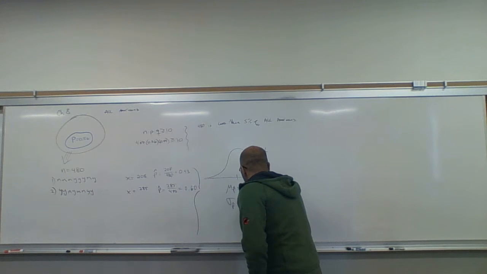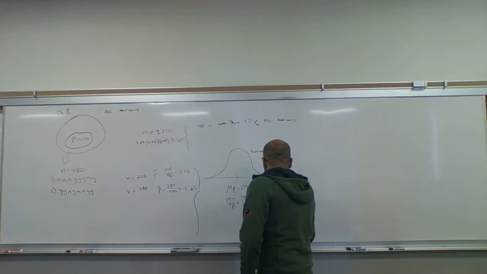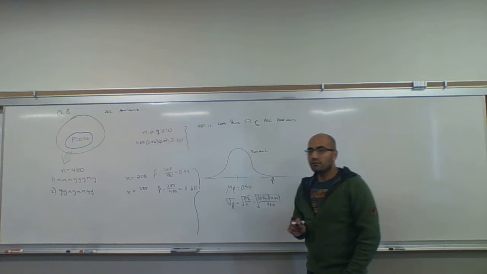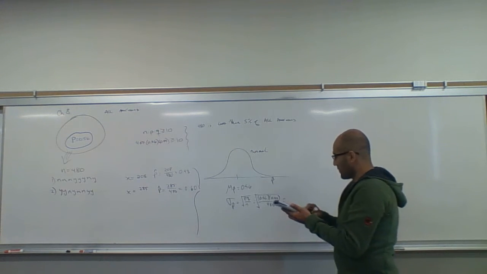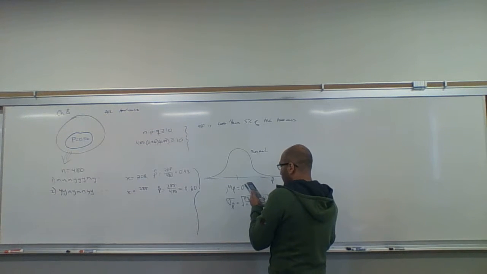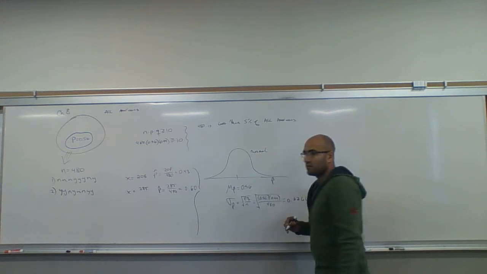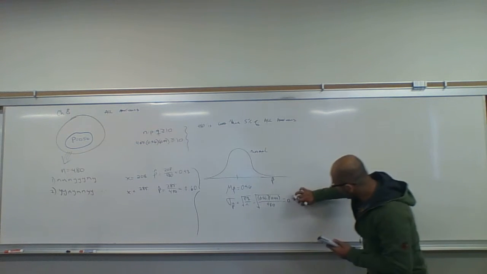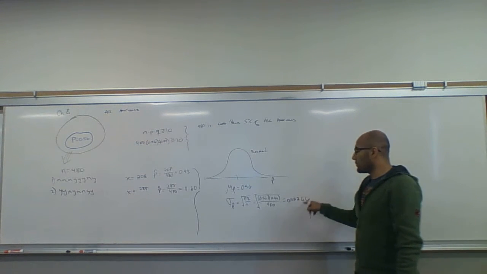So 0.56 times 0.44 divided by 480, square root of that whole thing. I get 0.02266.